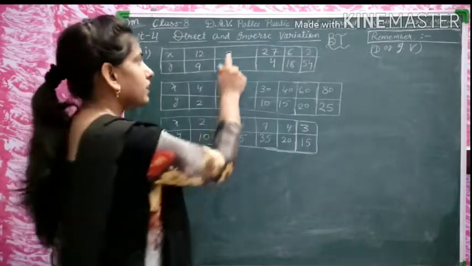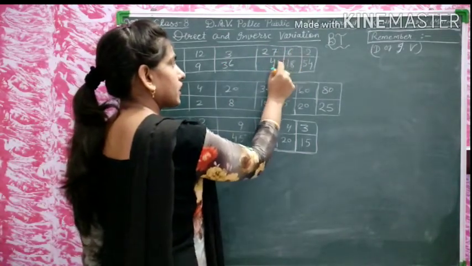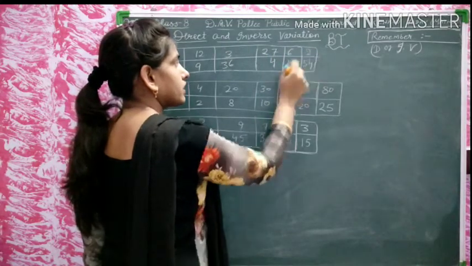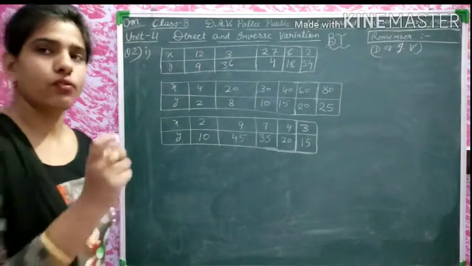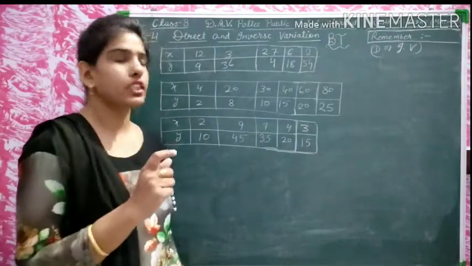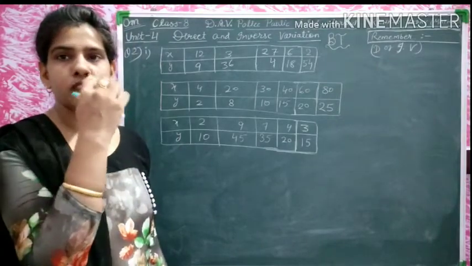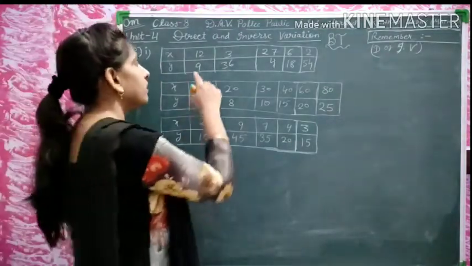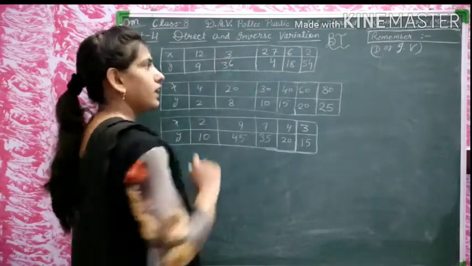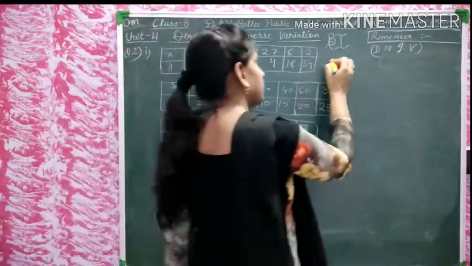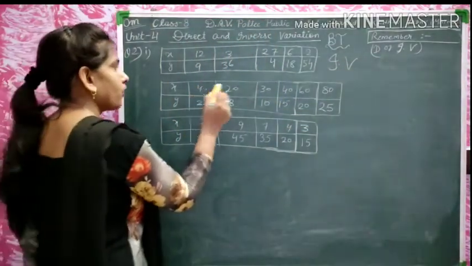This is increasing, this is decreasing, one quantity is increasing and the other quantity is decreasing. It means these two quantities are in inverse variation.